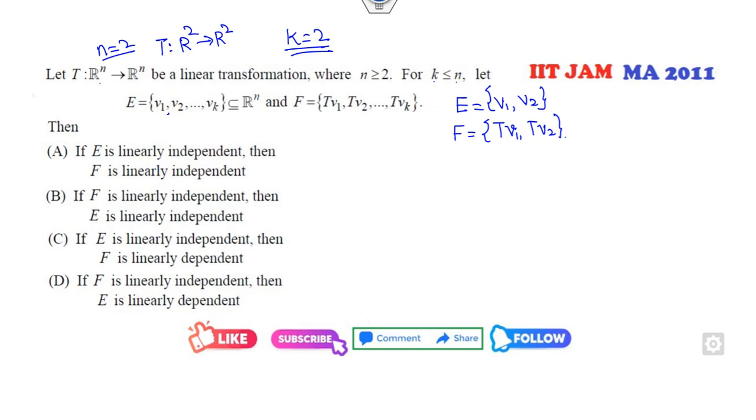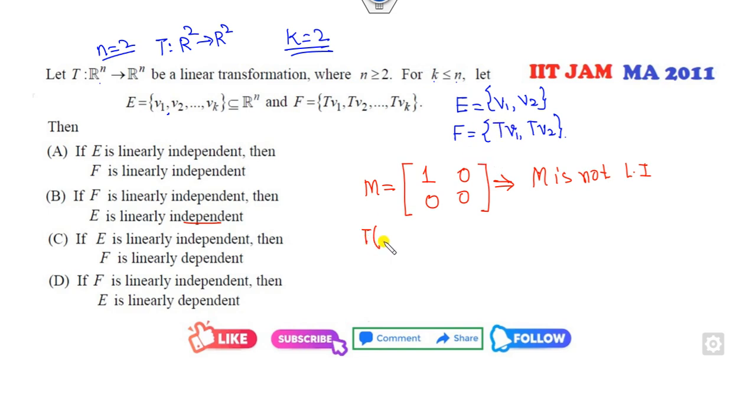Firstly, I assume F is LI. So how can you prove that? I can simply take a counter example. It's a linear transformation. If I take any matrix whose determinant is 0, then whatever matrix I have obtained is not LI, because the determinant is 0.